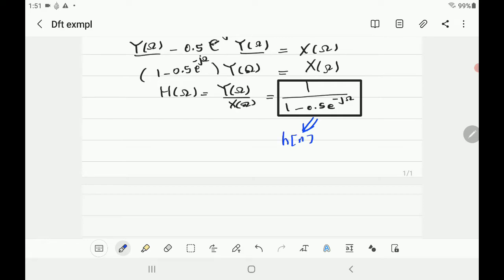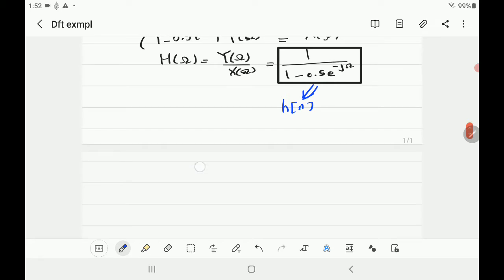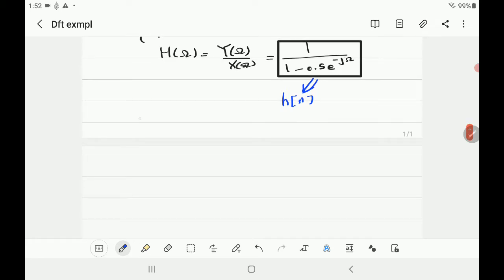You go to the table and look for a formula that's close to this expression. We found that in the table, if you have a to the power n u of n, that will be transformed to 1 over 1 minus a e to the power of minus j omega.